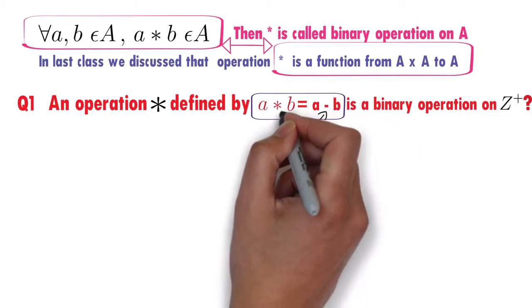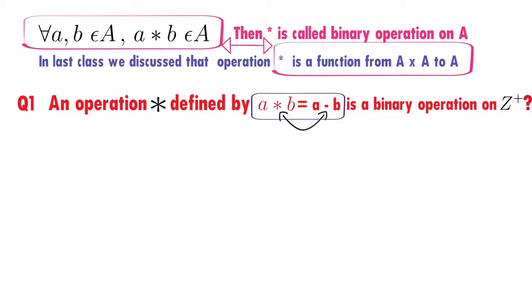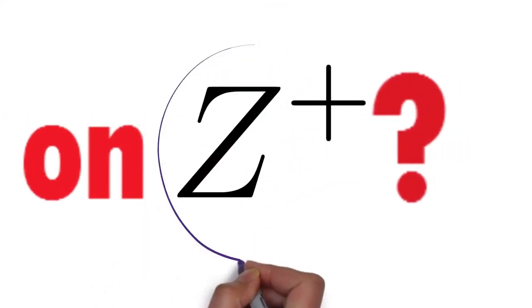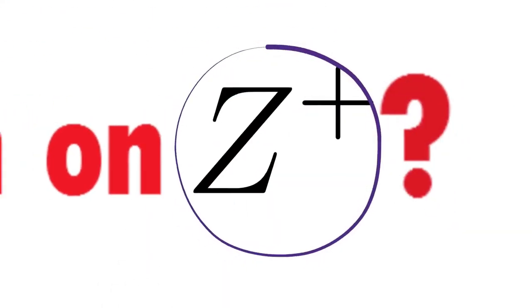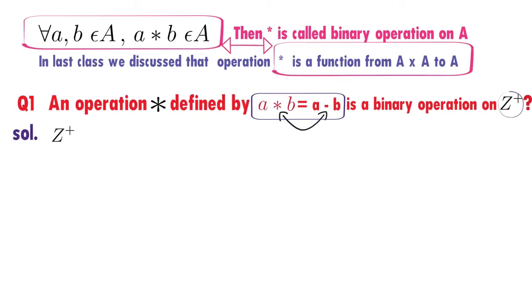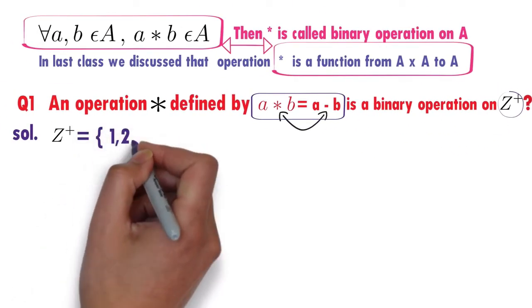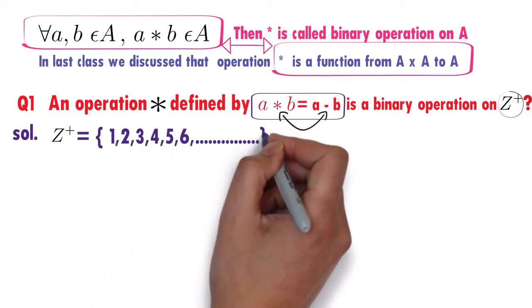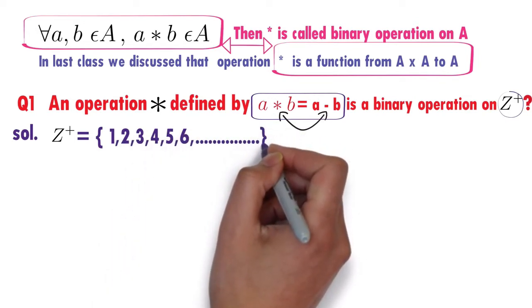What is star? If you observe, star is nothing but subtraction here. We need to check this binary operation on Z plus. What is Z plus? Set of all positive integers, 1, 2, 3, 4, 5, 6 and so on.